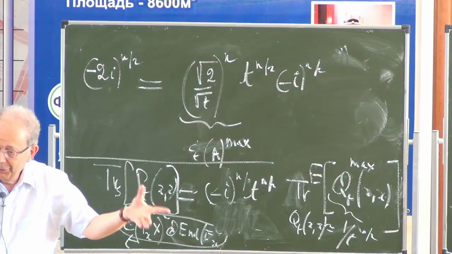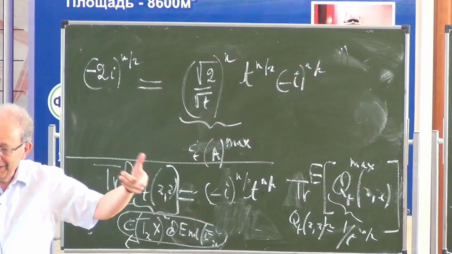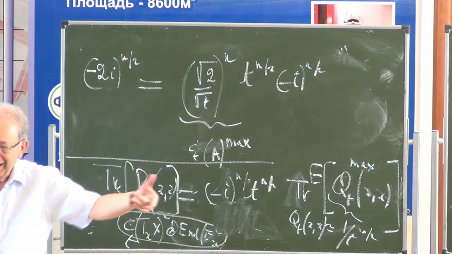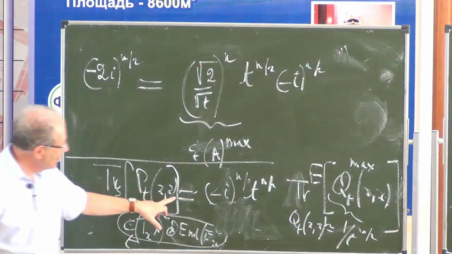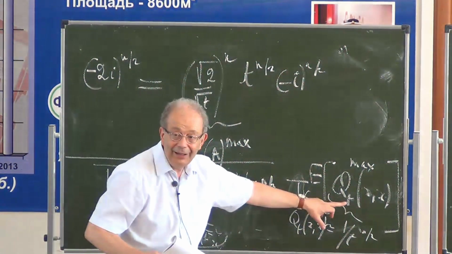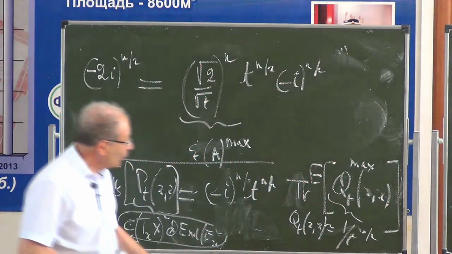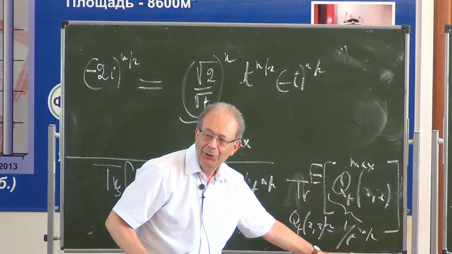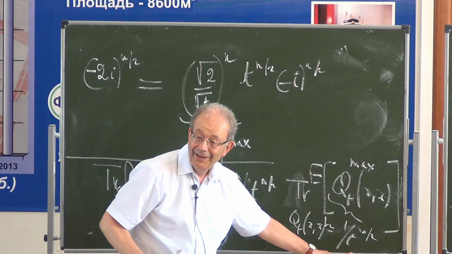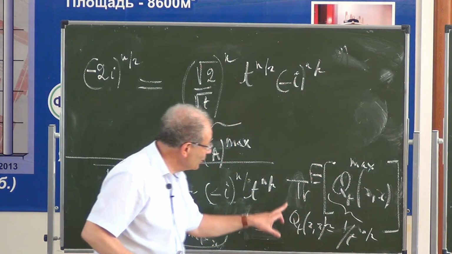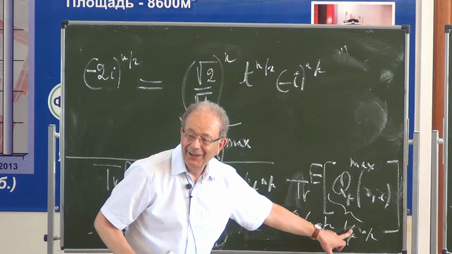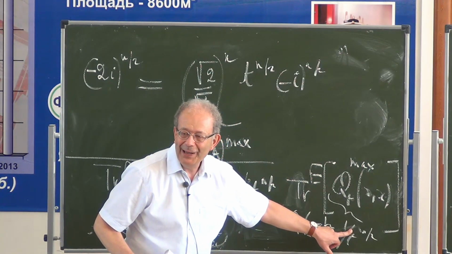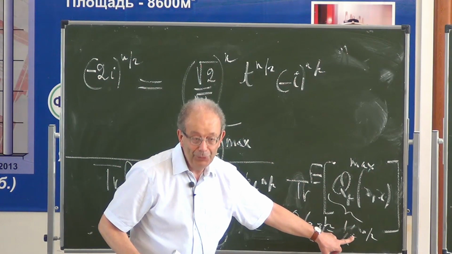We represent the Clifford algebra as acting on the exterior algebra, and I'm just using the result I gave before. So I'm saying that this is equal to this times this. But now qt will have a singularity like 1 over t to the n over 2. This we know a priori. But now you see that the t to the n over 2 factors kill each other. So the singularity has disappeared. This is the idea behind the proof.